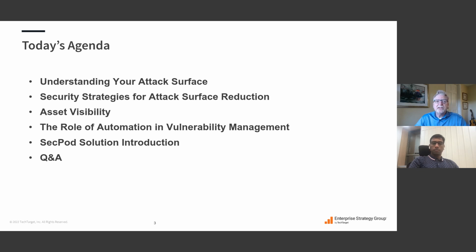We'll be talking about the role of automation when it comes to, once we understand our assets, reducing vulnerabilities and the whole vulnerability management process. At the tail end, we'll talk a little bit about the SecPod solution, so you have some insights into the power of SecPod and what it can bring as far as reducing your attack surface. So with that, let's jump right in.